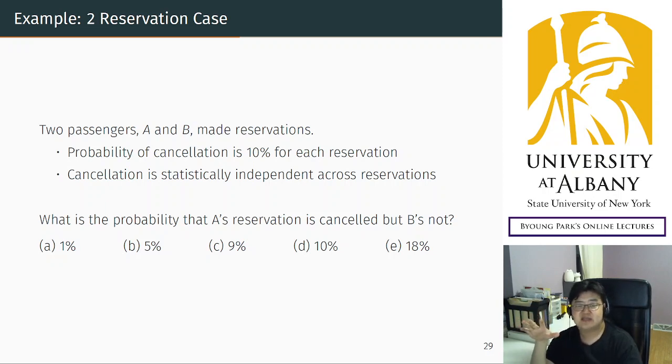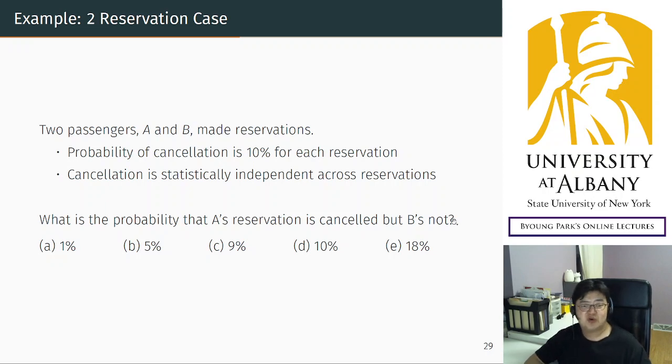In this case, this is really a simple case. Can you calculate the probability that A is cancelled but B is not? See what the probability is.